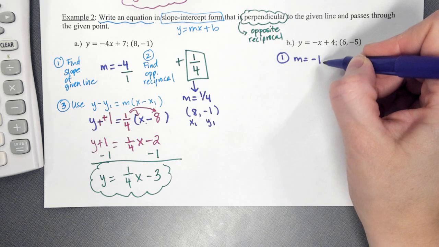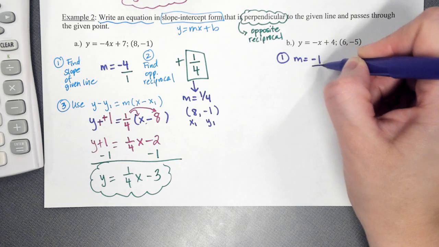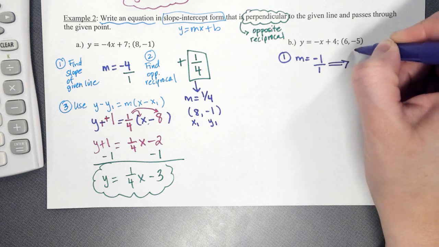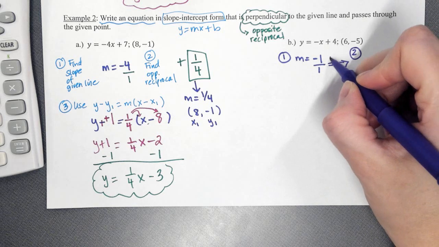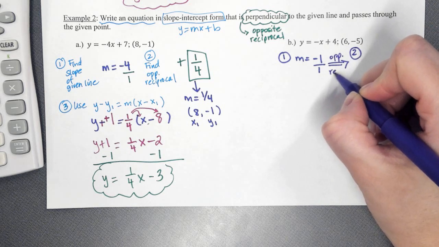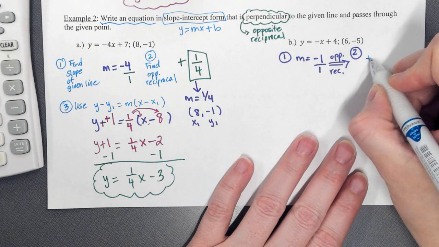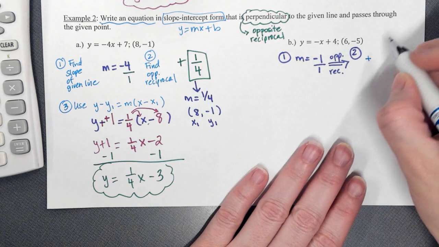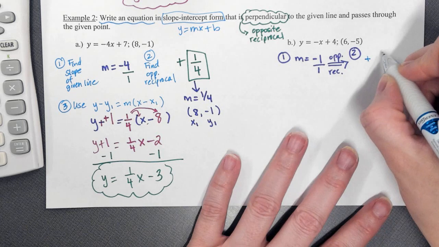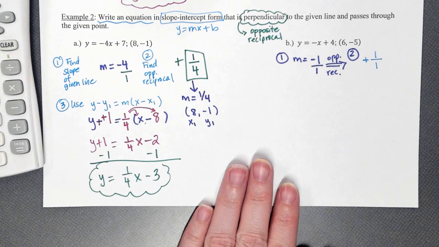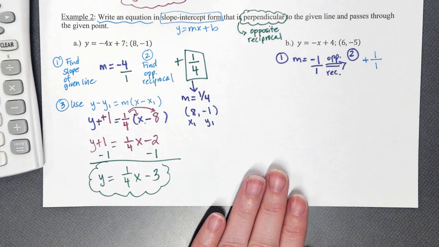Okay, so again, anytime it's not a fraction, you can just put it over 1, and then you have to find the opposite reciprocal. So the opposite means it's going to be positive. And then if you flip that, you just have 1 over 1. Do you guys know what 1 divided by 1 is? 1. Yeah.